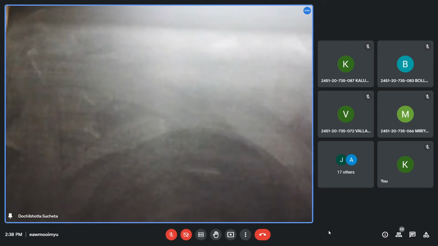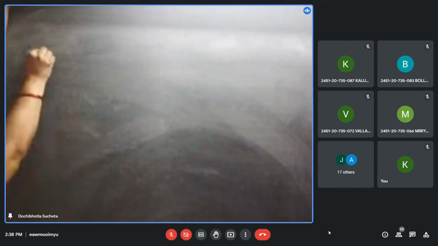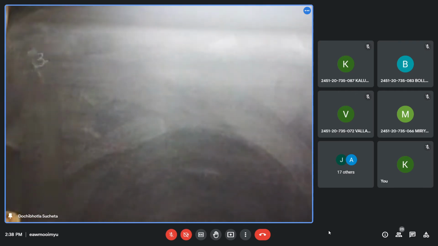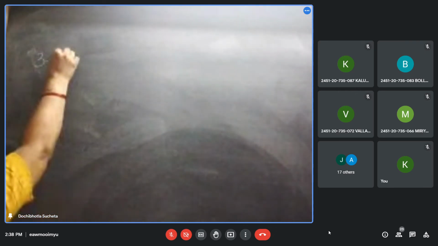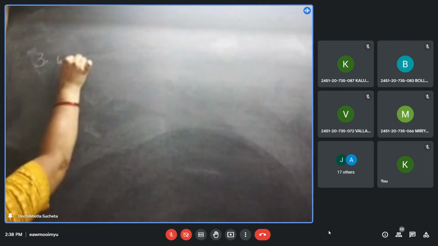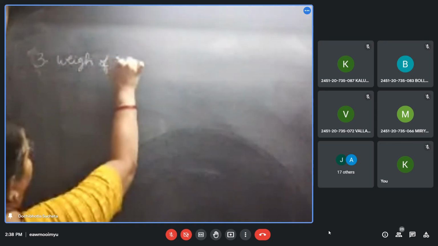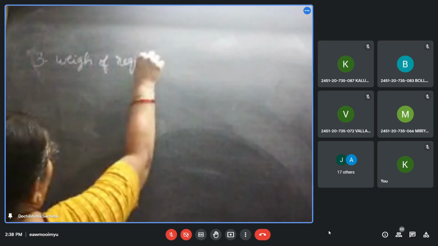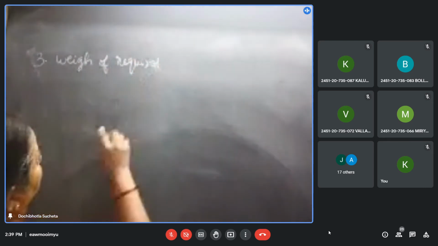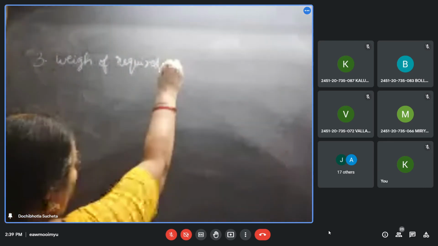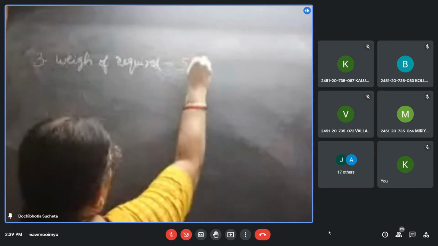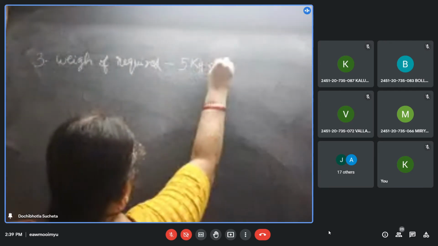Okay, so this is the third numerical. What did he say? Weight of air required. He is asking for the weight of air required for complete combustion of 5 kg of coal.